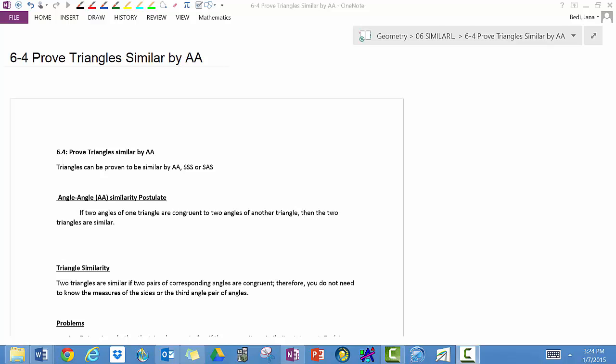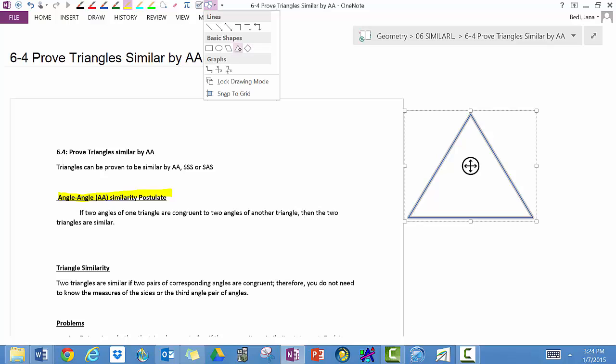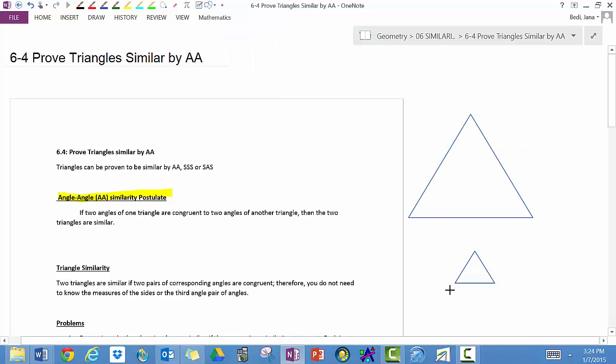The angle-angle similarity postulate states that if two angles of a triangle are congruent to two angles of another triangle, then the two triangles are similar. So let's get another triangle here.